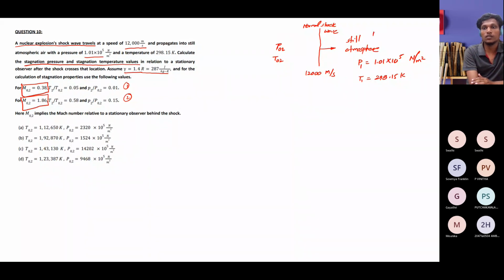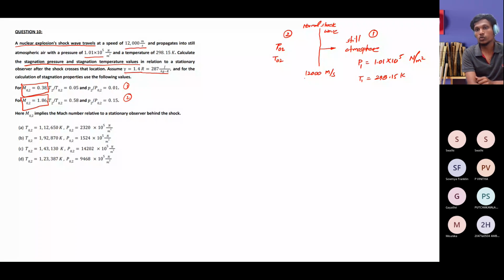Consider this area, that is a still atmosphere, as region 1, that is upstream or ahead of the shock wave, and region 2 is behind the shock wave, that is the downstream. Let's assume a person is sitting on the shock wave, but the real problem states that the shock wave is traveling at a speed of almost 12 kilometers per second or 12,000 meters per second.